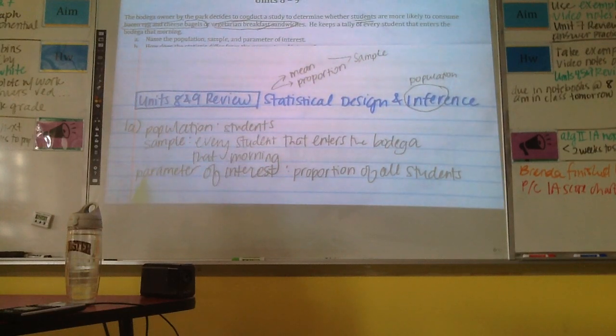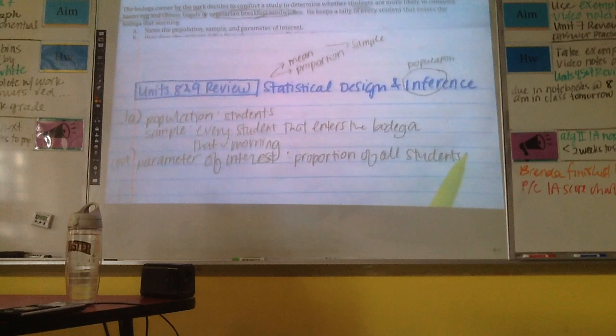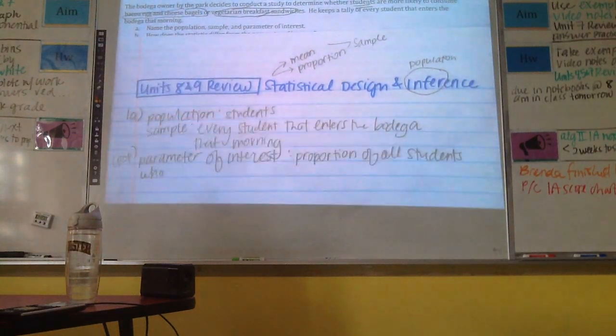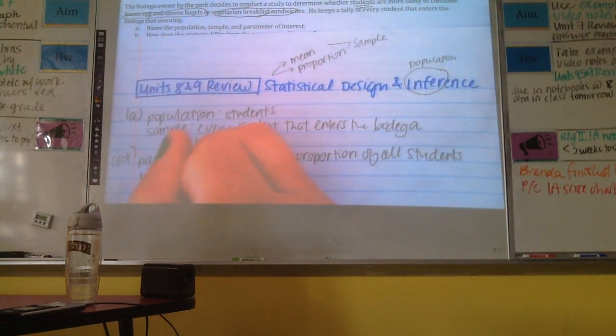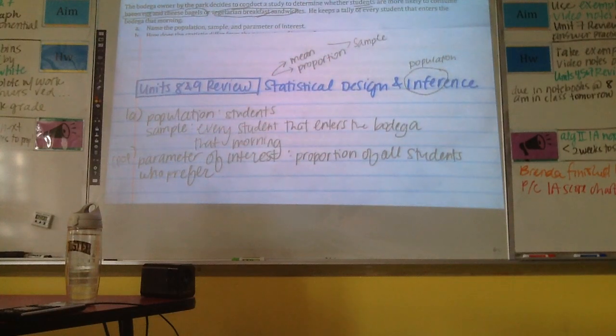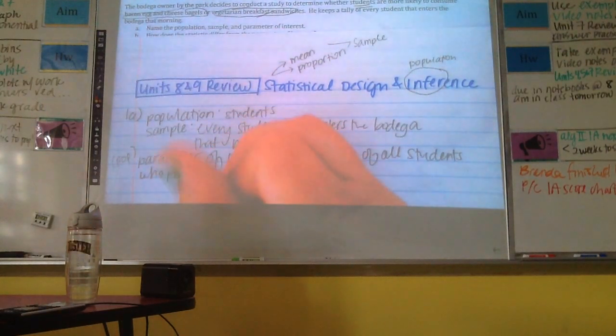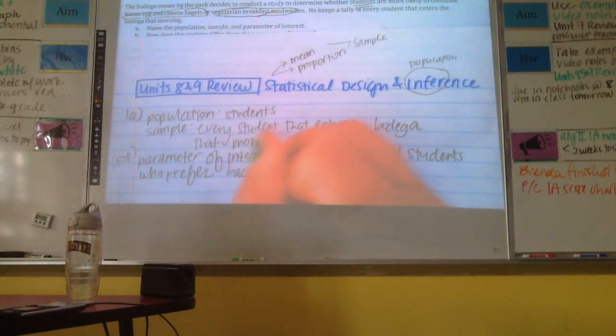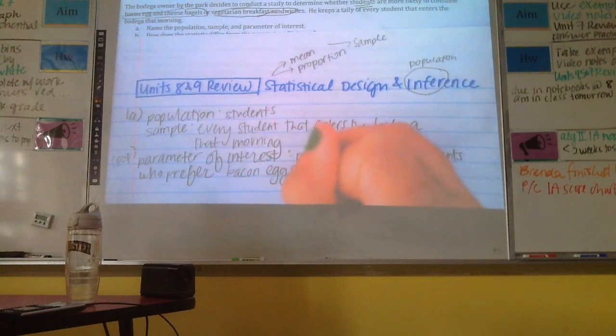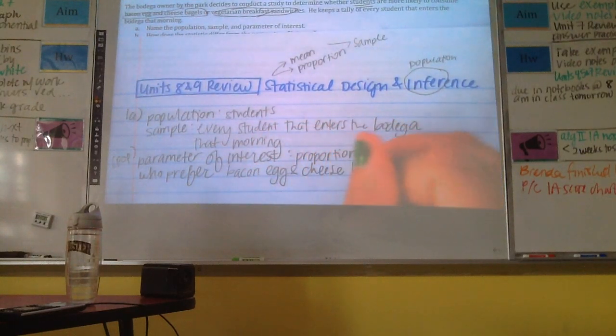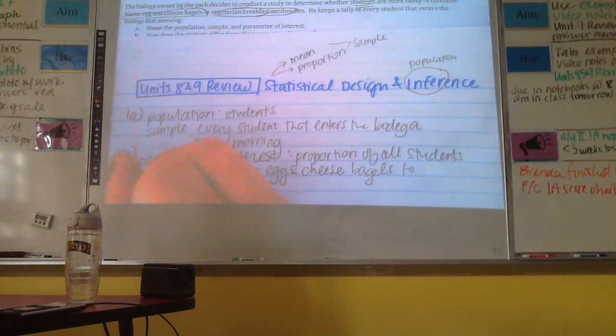Proportion, the parameter, comes from my population. So the parameter of interest is the proportion of all students who prefer, we get to pick one here, bacon, egg, and cheese bagels to vegetarian breakfast sandwiches.